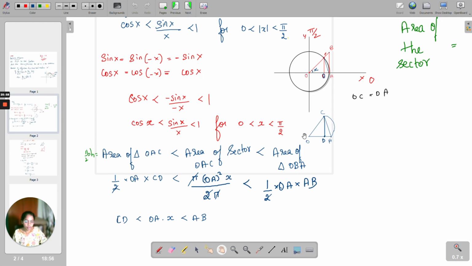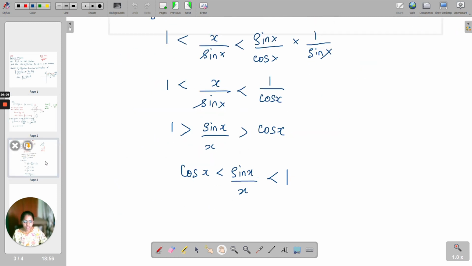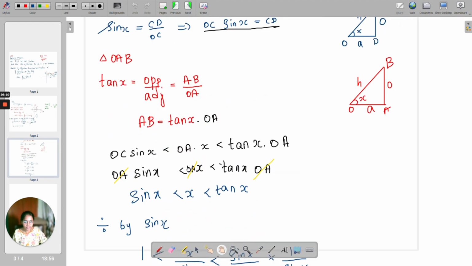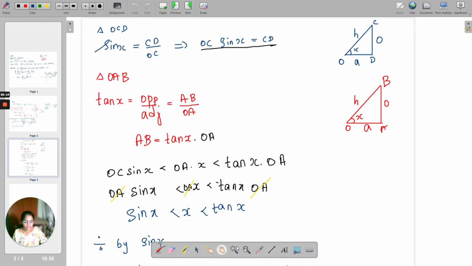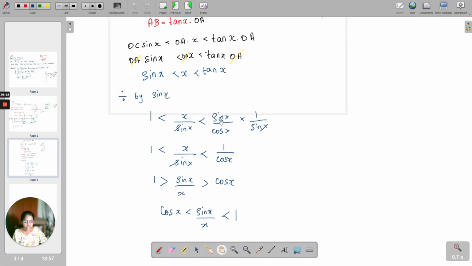What is the formula for area of a triangle? It is half base into height. After using the formulas, we took the two right angled triangles. We found sin x and tan x. Then we substituted them, and after some simplifications, we arrived at cos x less than sin x by x less than 1, for 0 less than x less than pi by 2.